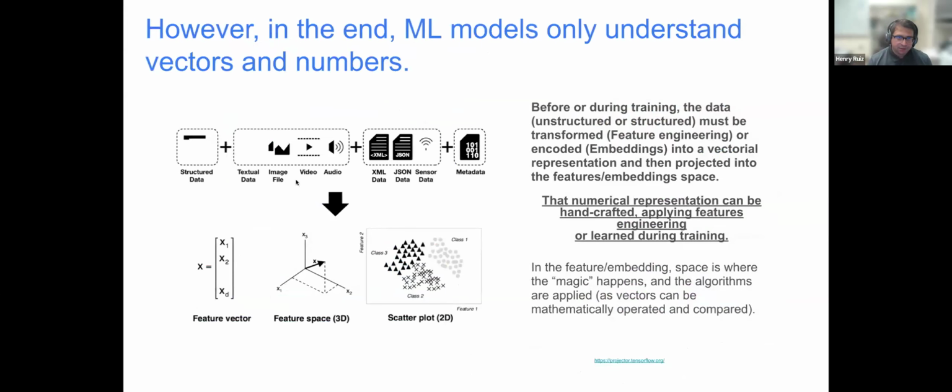But at the end, and here we are going to start going into the more advanced topics of generative AI, specifically multimodal models. At the end, machine learning models only understand vectors and numbers. So what does that actually mean? Well, before or during the training of the algorithm, the data, which could be unstructured, must be transformed.